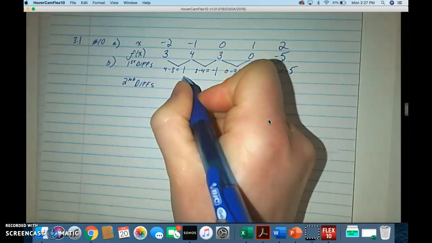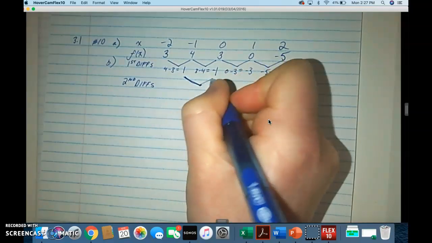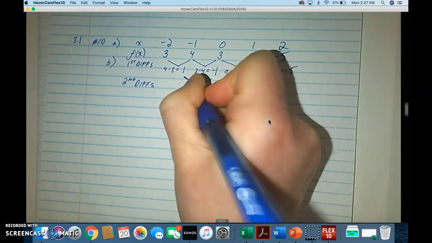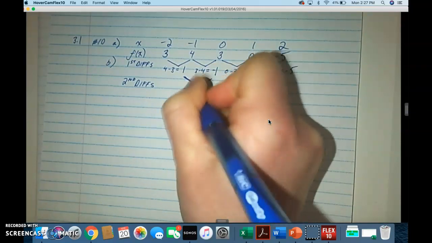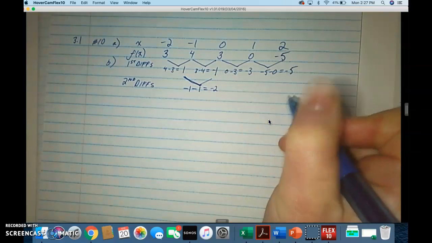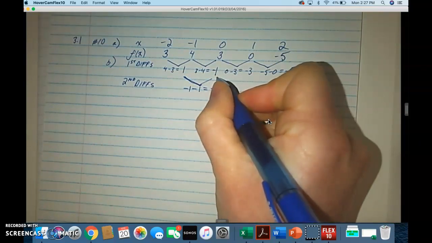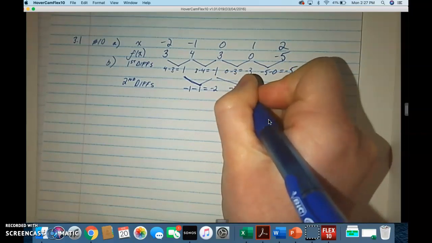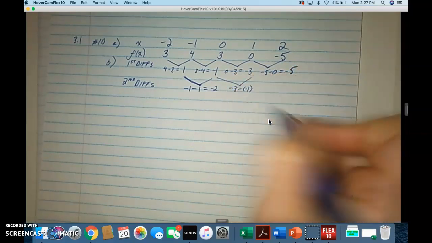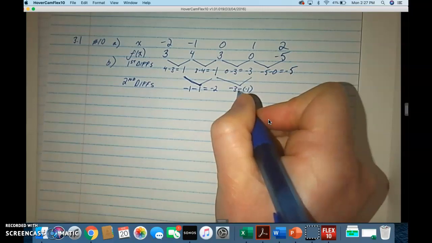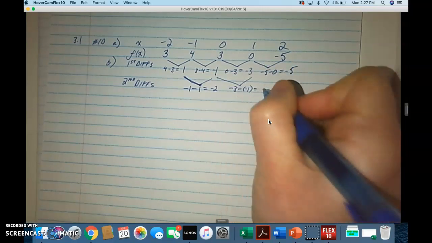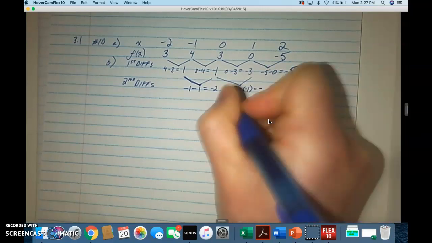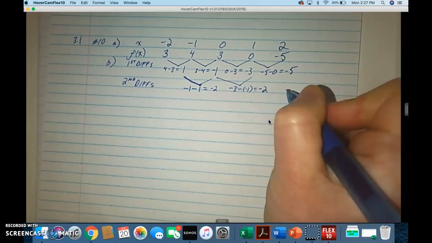Okay, so in this case, I've got -1 minus 1. -1 minus 1 is -2. Okay, and for the next one, I've got -3 minus -1. It's a difference, so I'm always subtracting, but when I subtract a negative, it's the same as adding, so I end up with -3 plus 1, -2.